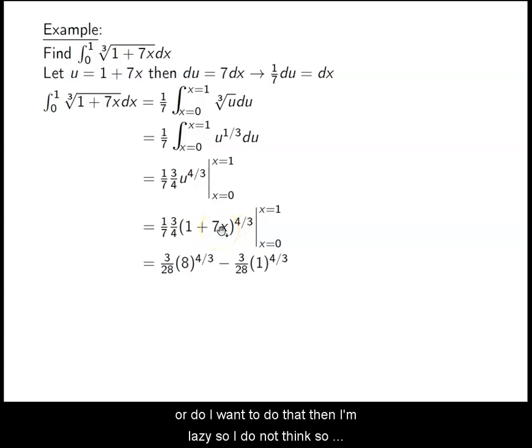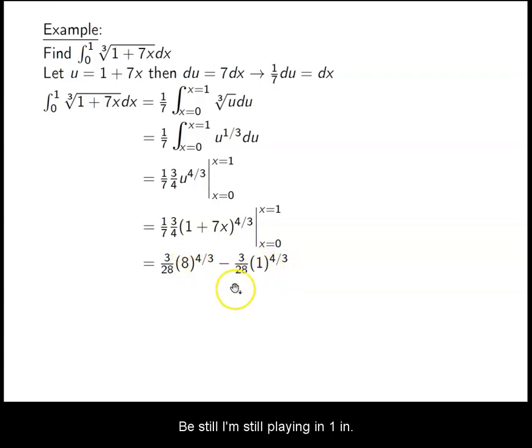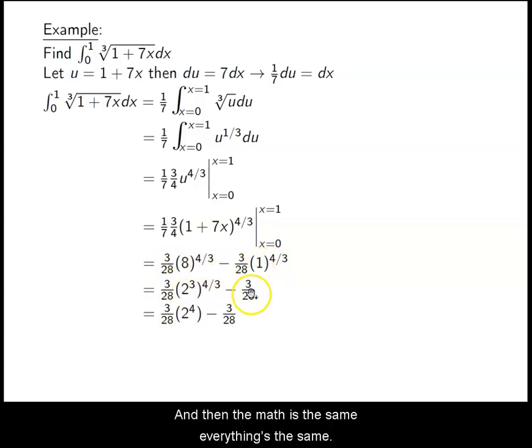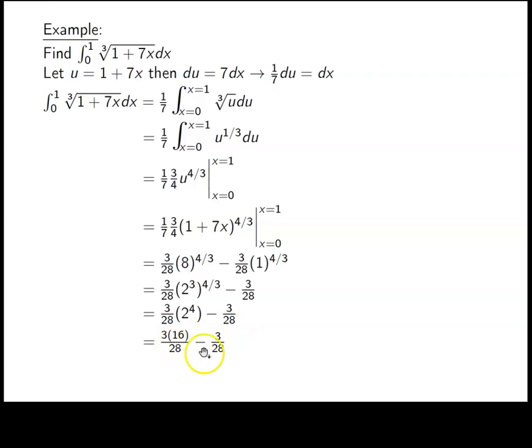And I'm lazy, so I do it at the end. I plug in 1, which gives me the 8, and I plug in 0, which gives me the 1. So I'm still plugging in 1 and 8, and then the math is the same. Everything is the same. 2 to the 4th. Then pull this out, and that's 45 over 28.